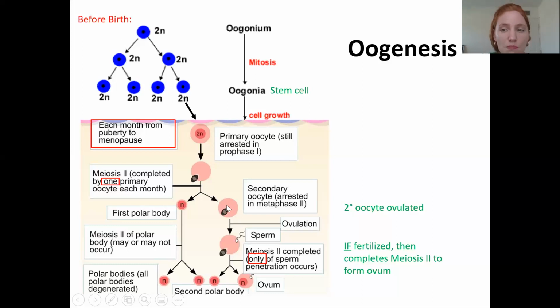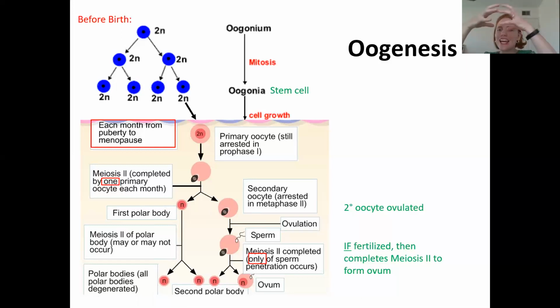The other big important difference between spermatogenesis and oogenesis is look what happens here during the divisions. Instead of getting two equal cells out of it, like we saw in spermatogenesis, one of the cells hoards all of the cytoplasm.